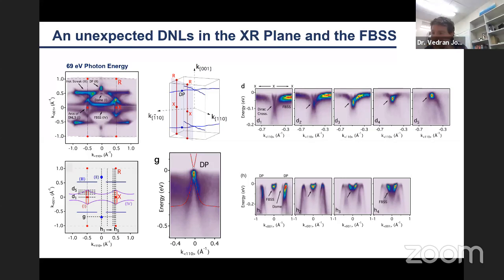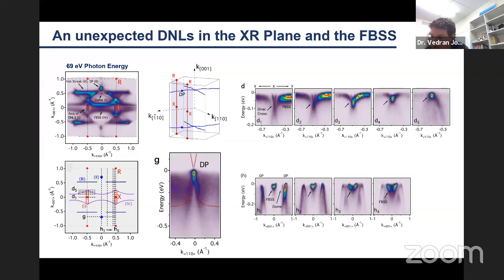And this was correctly predicted by DFT. This evolution is very smooth for the intense hot streaks in the Fermi surface, and the projection of the first Dirac nodal line onto the XR momentum plane.